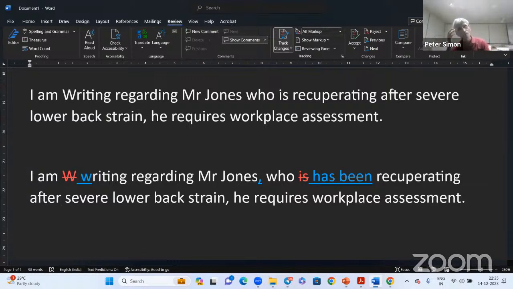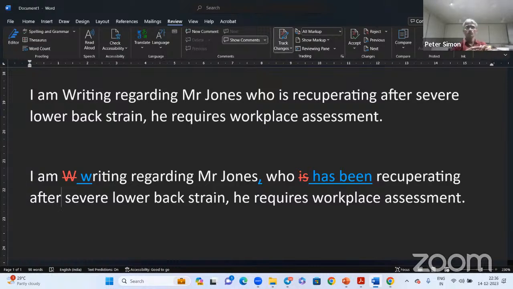But a lower back strain, okay. Who has been recuperating from severe lower back strain? After a surgery is okay. After replacement, okay. So this is a pain, headache. He's suffering from headache, not suffering after headache. So pain. He's suffering from pain. Suffering with pain. Okay. So recuperating from severe lower back strain.